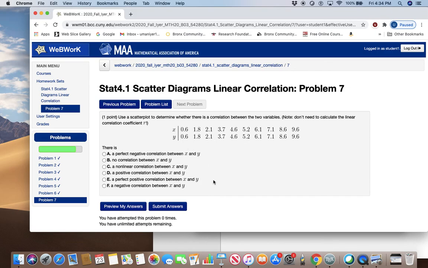The x and y are all aligned in proportion, actually equal. X is equal to y. So that's a line going up. So it is a perfect positive correlation. All these points are on the same line, y equals x.